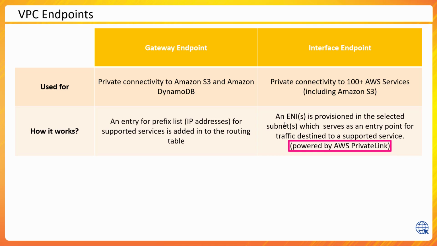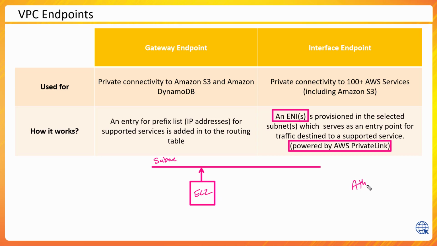Now, one thing you have to be clear about is why I'm saying ENIs here. Let's say this is my subnet and I have an EC2 machine running here. I want this EC2 to talk to a service like Athena. I want it to talk to, let's say, S3 also. Let me put it here completely that I am referencing the S3 interface endpoint, and I want it also to talk to CloudWatch. So in this particular case, what is going to happen? We would have three ENIs created: 1, 2, and 3.